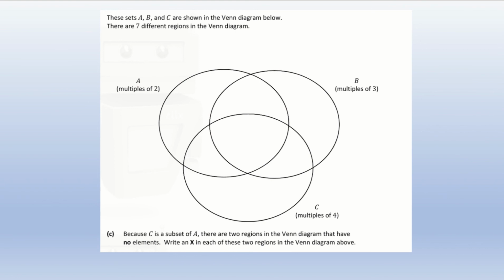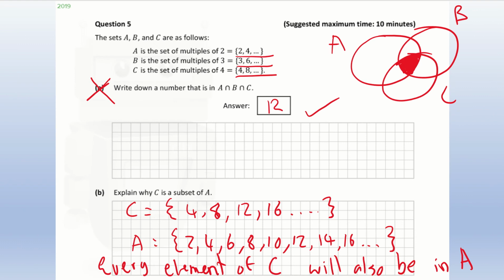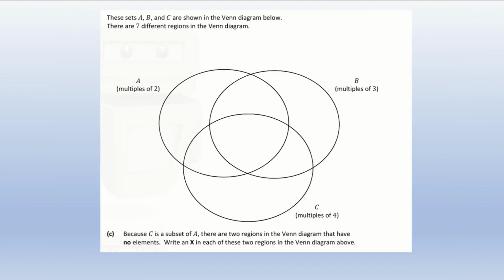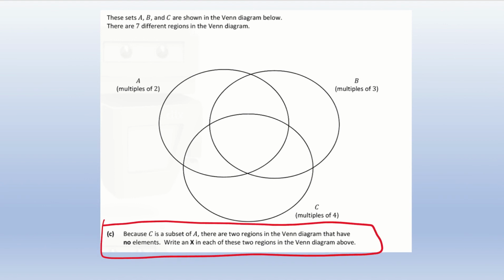The next part of your question is broken up into two. They put all of the information from the A part of your question into a Venn diagram here, and they ask you two questions. They say that because C is a subset of A, there are two regions in the Venn diagram that have no elements. Write an X in each of those two regions in the Venn diagram above. So basically they're telling us that there's two places in the Venn diagram here that we will not be able to put any numbers in.